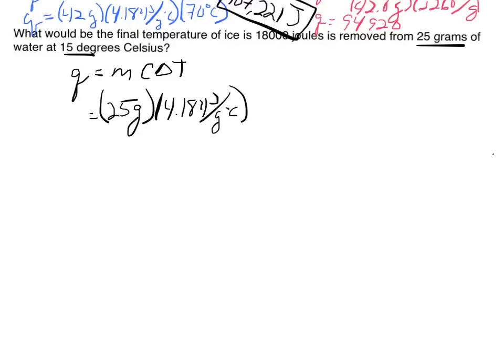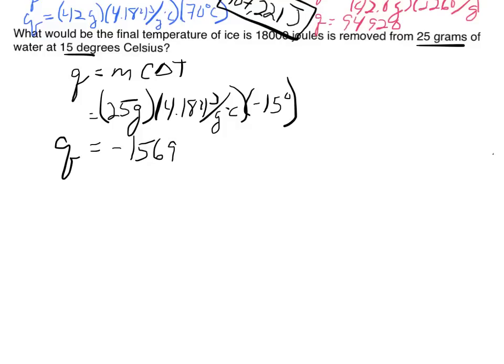And we're going to have a delta T value of negative 15 because we were going from a temperature of 15 to a final temperature of 0. So 0 minus 15 is negative 15. And we're going to get a Q value there. And Q comes out to be negative 1569.